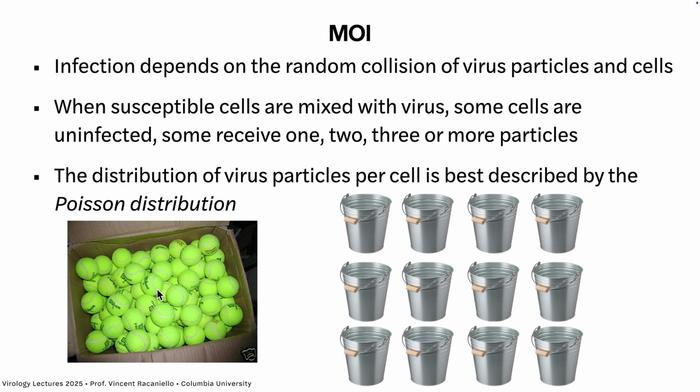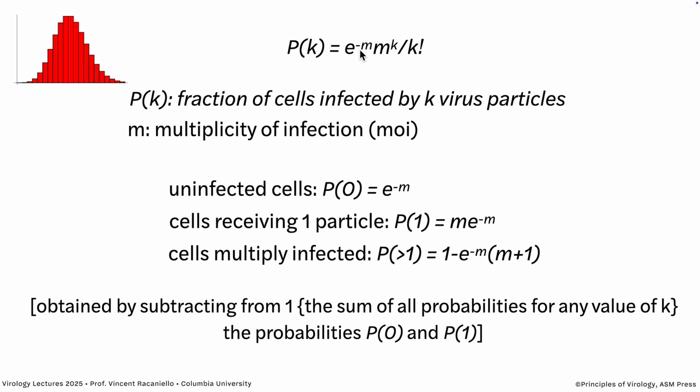So if you have 1 ball in here versus 100. So the Poisson distribution is a mathematical equation that can tell you how many virus particles each cell would get depending on how many you add. And this is the Poisson distribution equation.